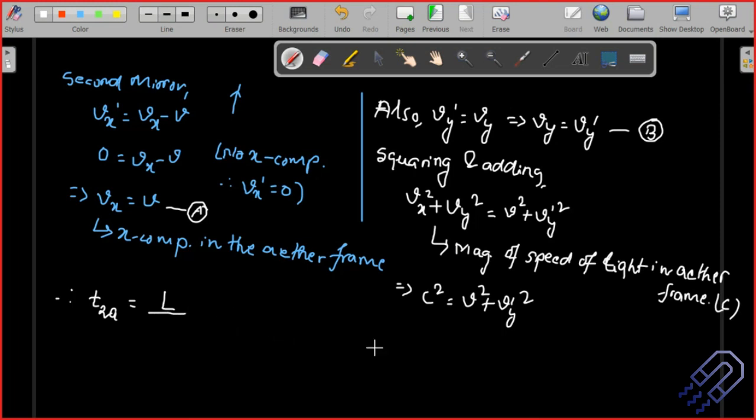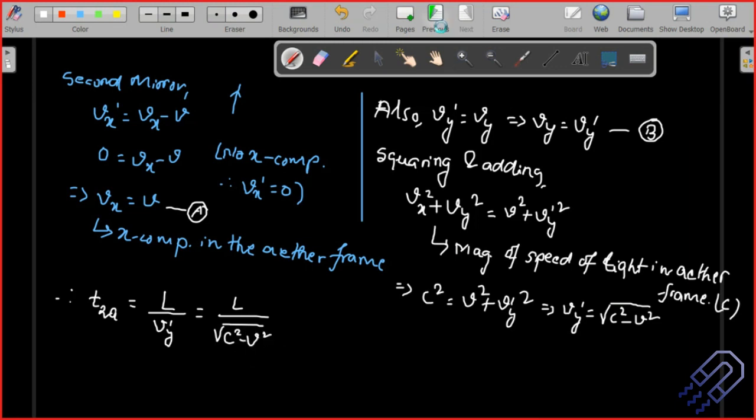Now velocity along the y prime frame, Vy dash, because it's moving along the y axis. From this relation, Vy dash is equal to root over c square minus v square. So I can write it down as L divided by root over c square minus v square.